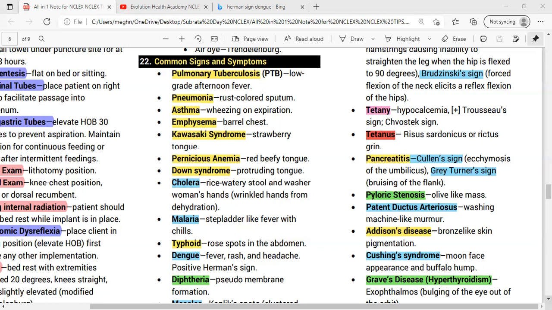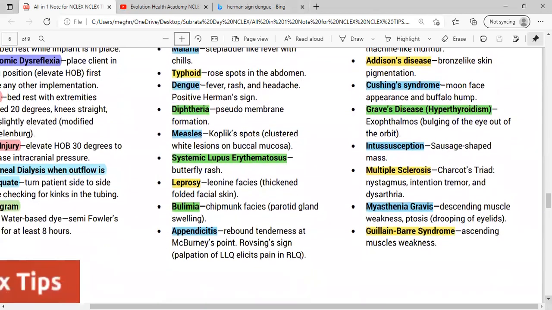In case of diphtheria, if we examine inside the oral cavity, we can see pseudomembrane formation. In case of measles, Koplik spots inside the buccal mucosa.